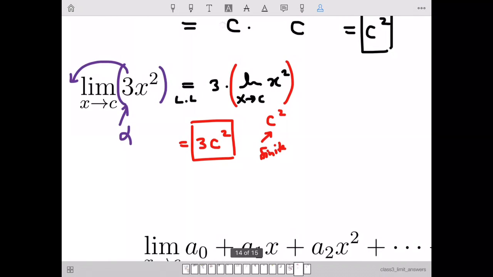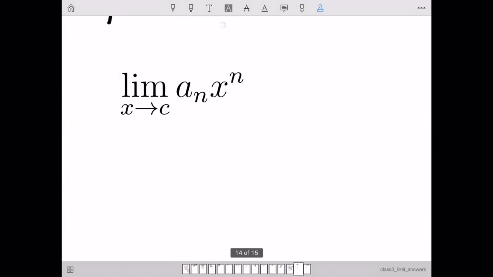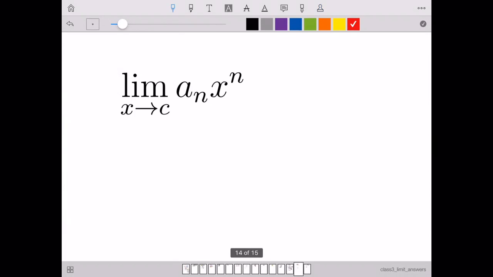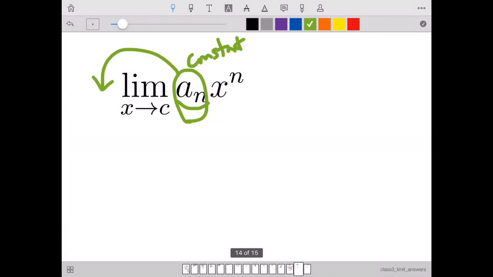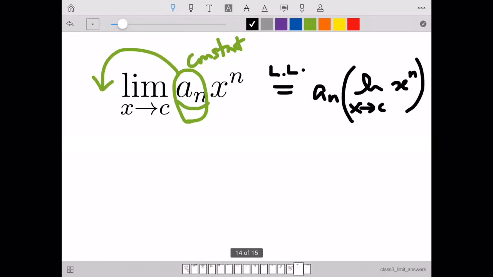Okay, so if we have limit of a_n times x to the n, a_n is just a constant. Then again, I can pull this outside of the limit by limit law. So it is a_n times limit x approaches c of x to the n.